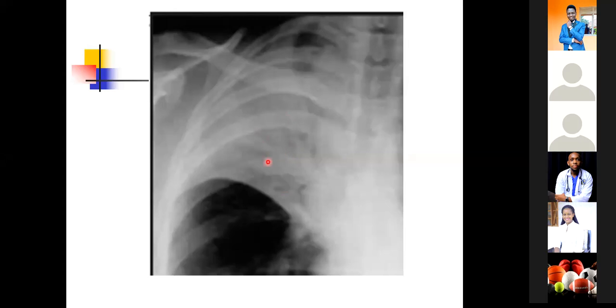That is why we refer to them as air bronchograms: air in the bronchial spaces in an area of opacity.